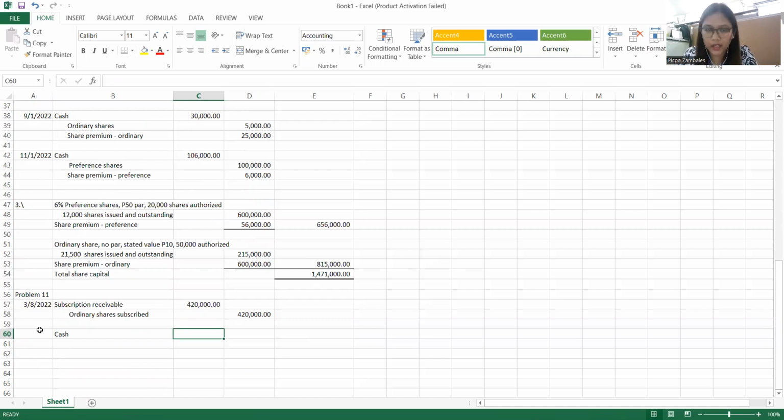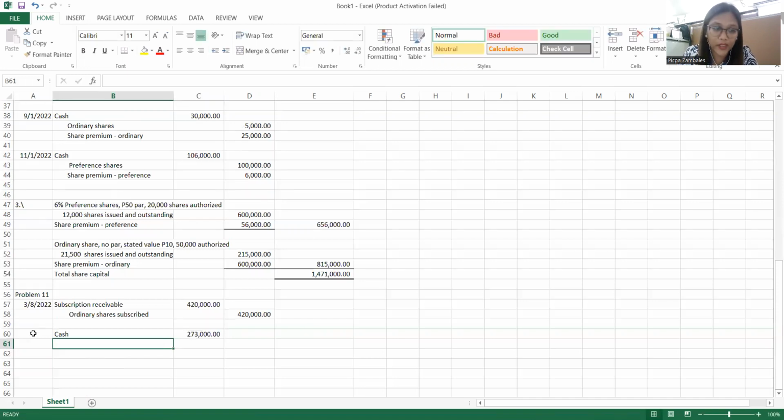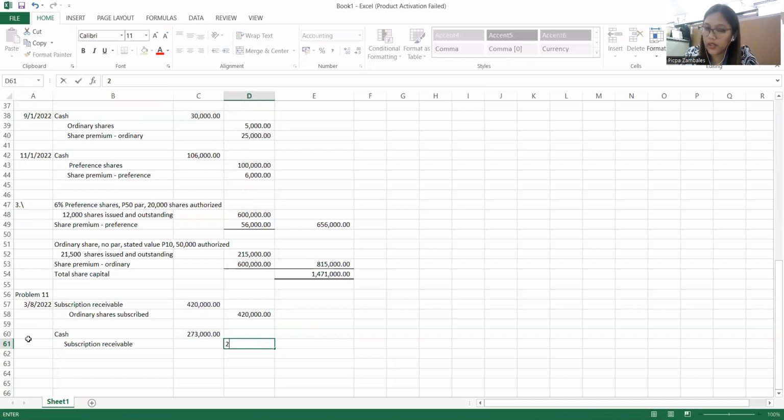Cash for, magkano yung 65%? 420,000 times 65%, that is 273,500. And then, subscription receivable. Okay, so that's it.